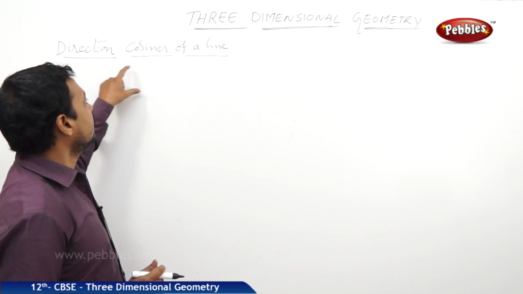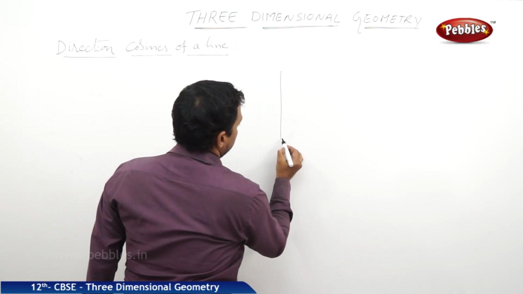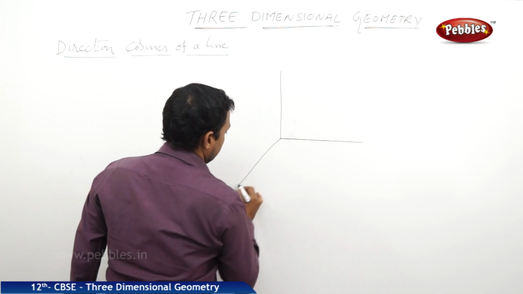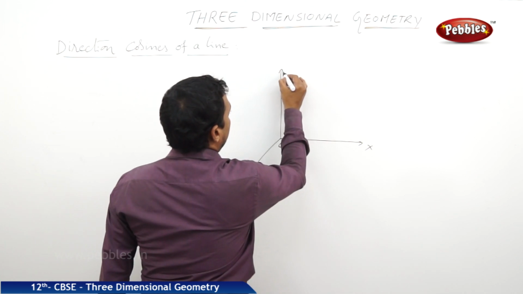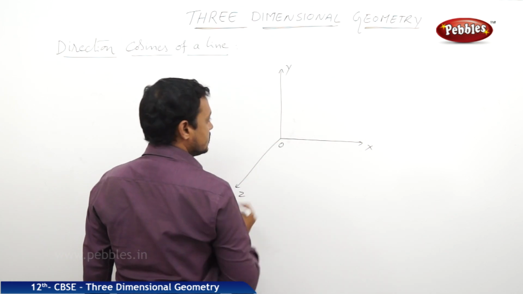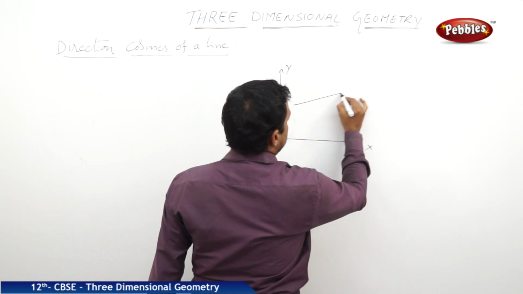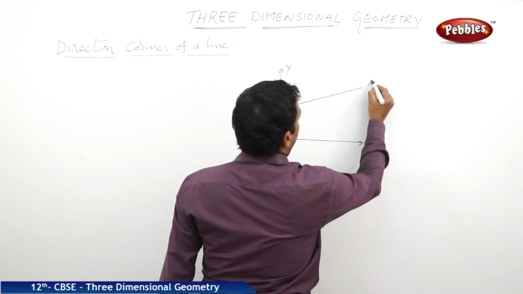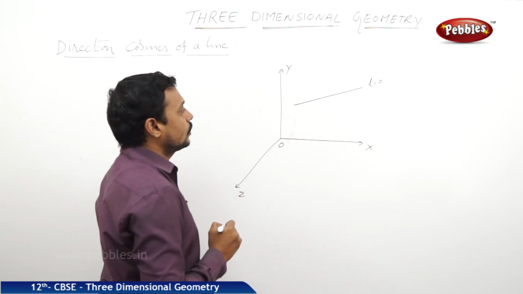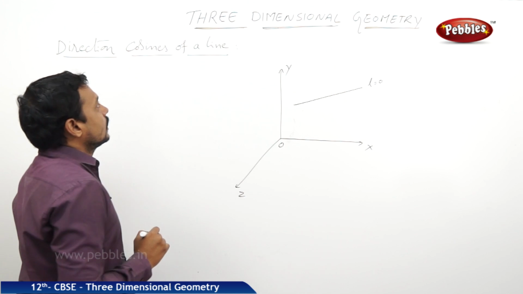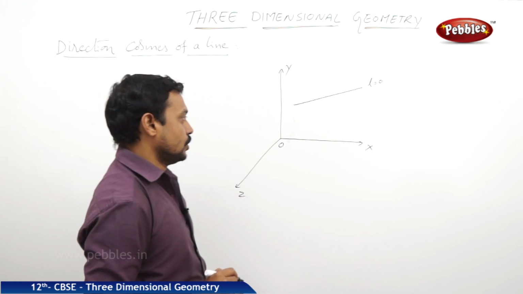Now, the direction cosines of a line. Let us take three coordinate axes again, x-axis, y-axis, z-axis, and suppose a line is this one, L equal to 0. Now, direction cosines of this line L equal to 0.